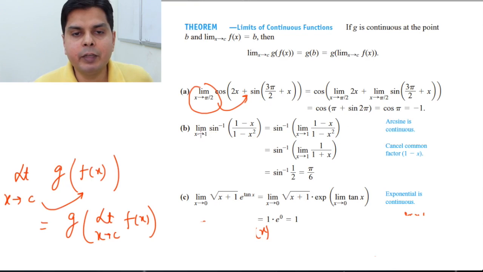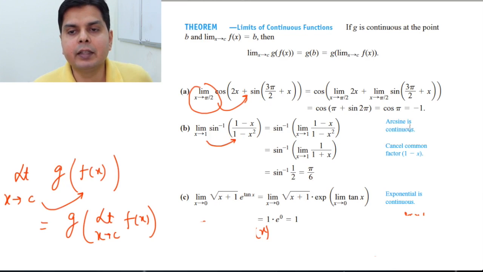Similarly, if I have to find the limit x tends to 1 of sin inverse of this thing, I can take this limit operation inside the bracket. So it will be sin inverse of limit x tends to 1 of (1 minus x) by (1 minus x square). All of you can very easily find this by cancelling the common factor 1 minus x. You will get sin inverse of 1 by 2, equal to pi by 6, and we can do this because arc sine, that is sin inverse, is a continuous function.